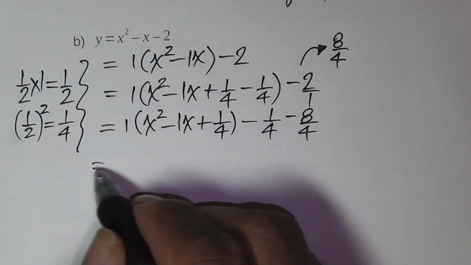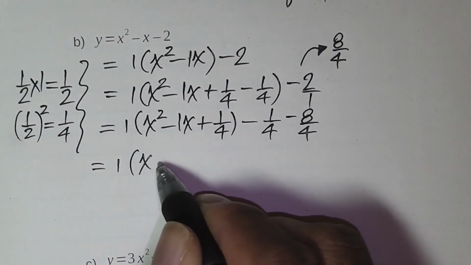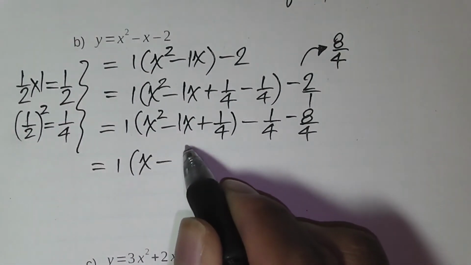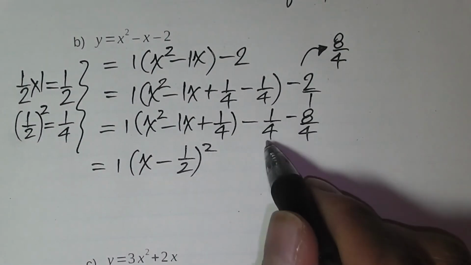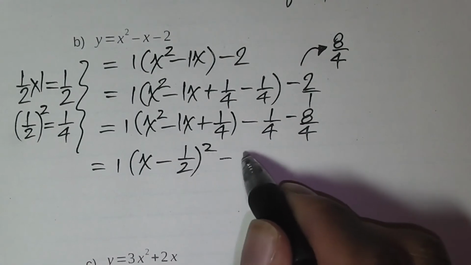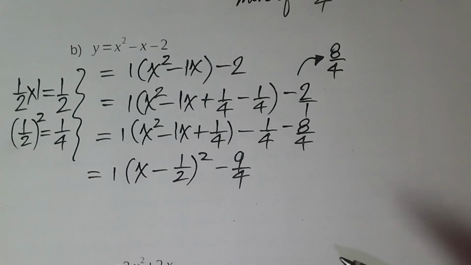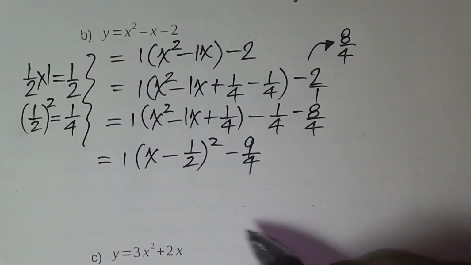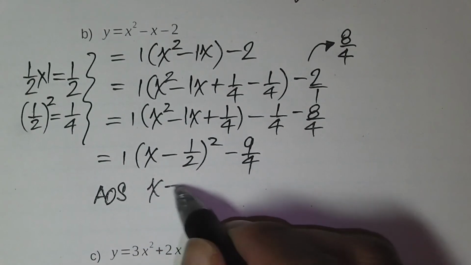This is going to give me 1x minus 1 over 2 squared minus 1 over 4 minus 8 over 4, minus 9 over 4. So now I know that my axis of symmetry is x equals 1 over 2.